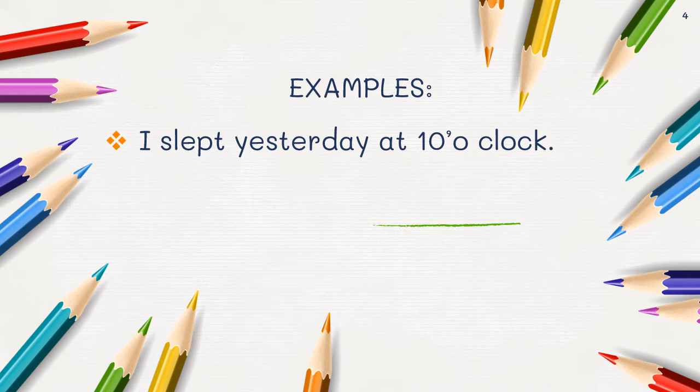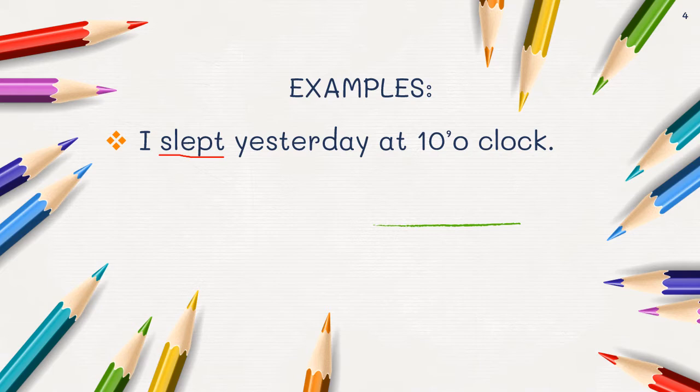Remember, the verb always comes after the subject. Well done. So slept is the verb, and if you notice, the base form of slept is sleep. So the spelling has changed from sleep to slept in past tense.